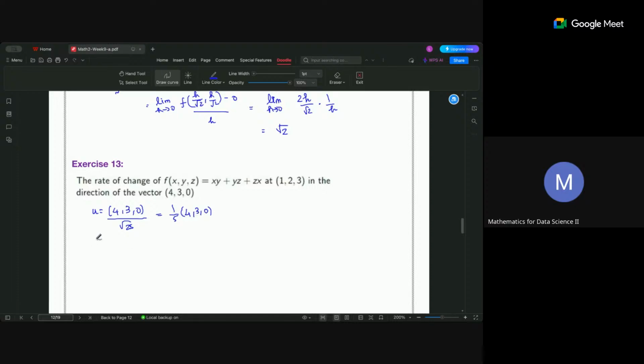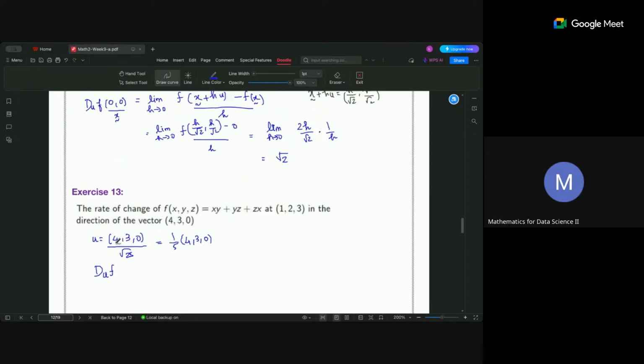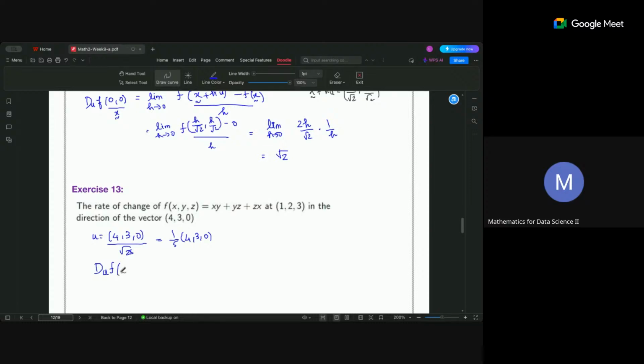You need to find the directional derivative of f along u at the point (1, 2, 3). If you apply the limit definition, limit h goes to 0, f of x tilde plus hu, where x tilde is (1, 2, 3).